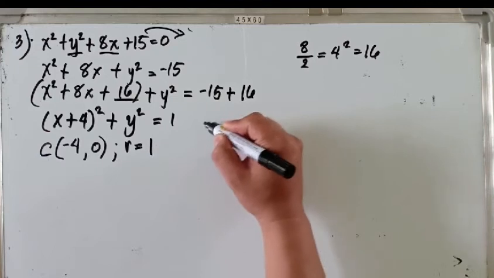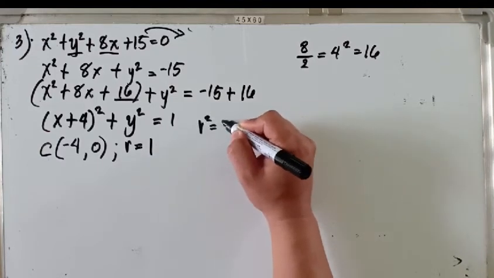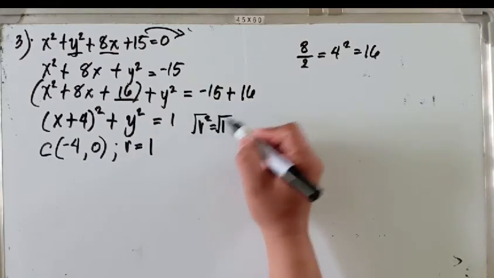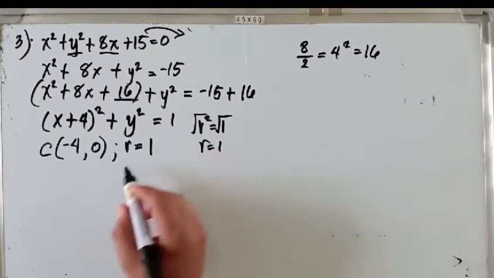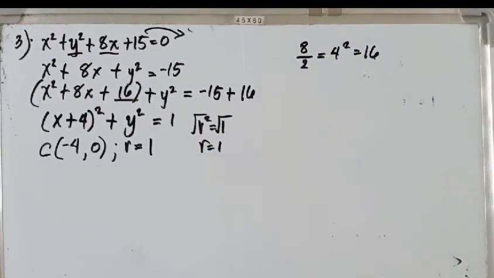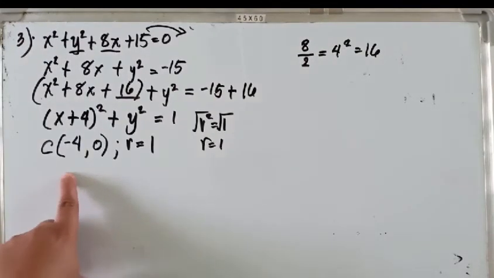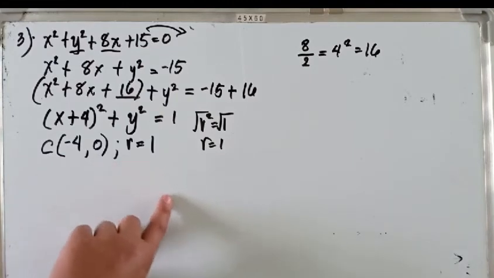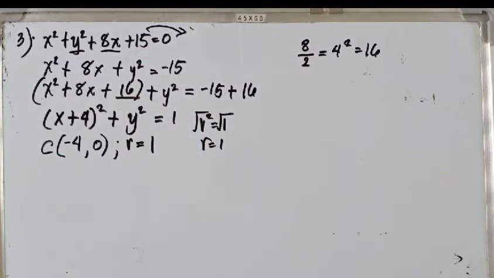It's 1. Why? Because your r squared is equal to 1 and the square root of 1 is equal to 1. So we have these two important parts of the circle for you to graph it: negative 4, 0 as the center, and the length of the radius, which is equal to 1.